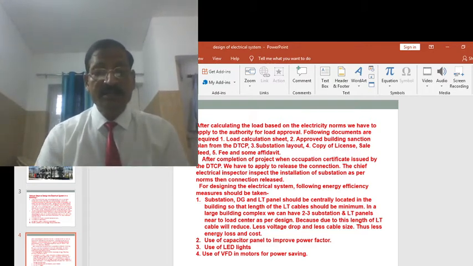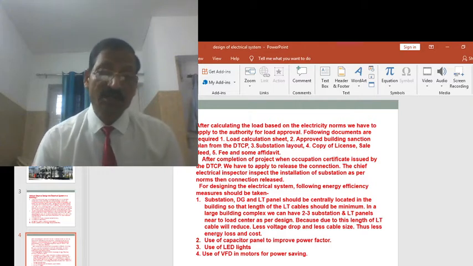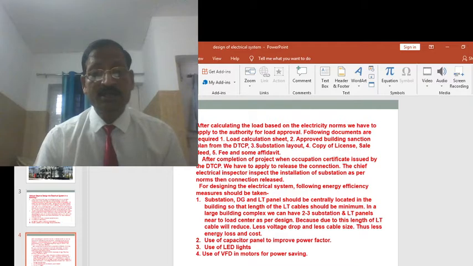While designing the electrical system, the following energy efficiency measures should be taken. Number one, the substation layout and DG set and LT panels should be centrally located in the building, so that the length of the LT cables is minimum.